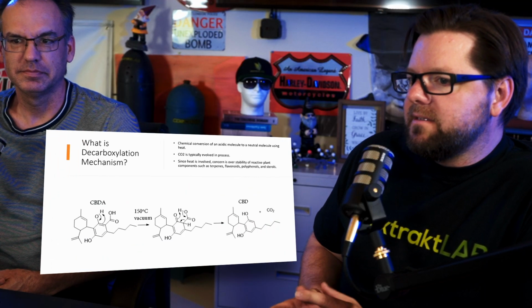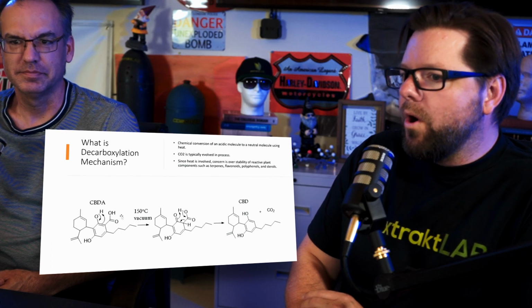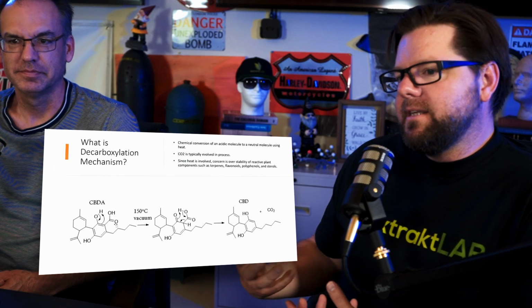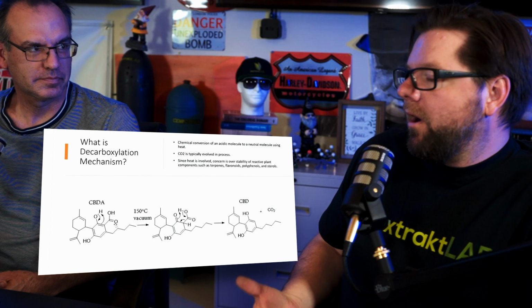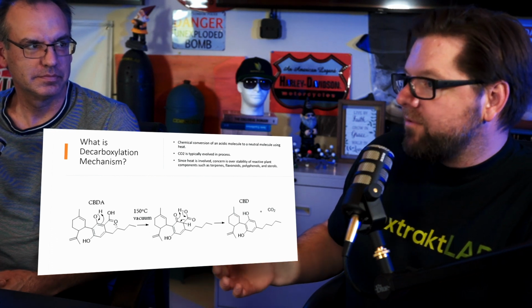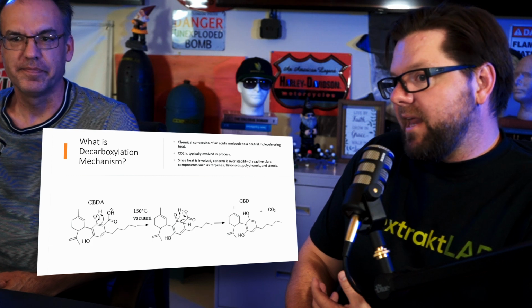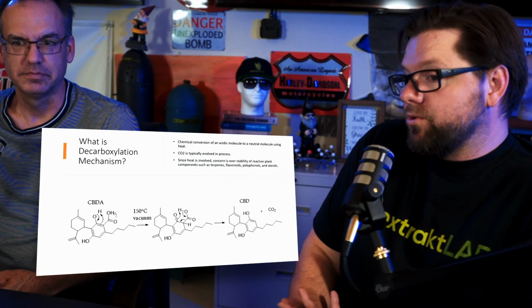And the reason we say it's neutral is because you can see on the slide here, you have this OOH. That's what we call an acidic moiety, right? Under certain pH conditions, if you are under pH 4.5, of course, that's going to be acidified, meaning that H is going to actually be on there, and it's neutral.